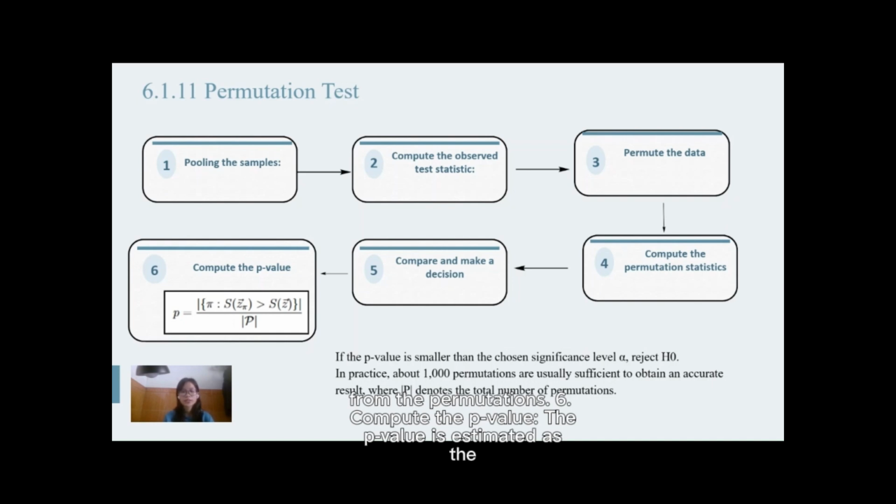The p-value is estimated as the proportion of permutation test statistics more extreme than the observed one, by this formula. If the value is smaller than the chosen significance level alpha, reject the null hypothesis. In practice, about 1,000 permutations.